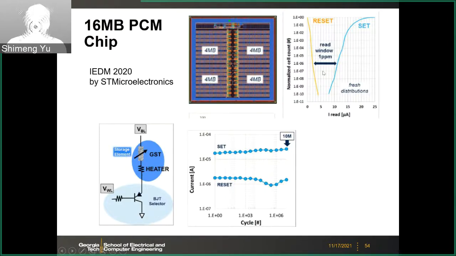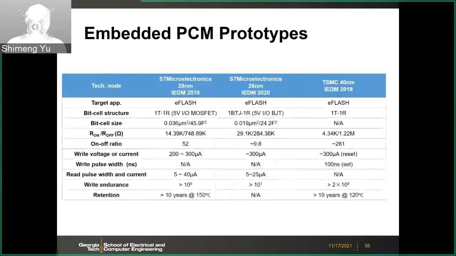Here are the set and reset resistance or read current distribution, and here is the endurance. You can get 10 to the power 7 cycles. So here is a summary of the recent demonstrations, and also TSMC has reported phase-change memory on their 40 nanometer process at IEDM 2019.